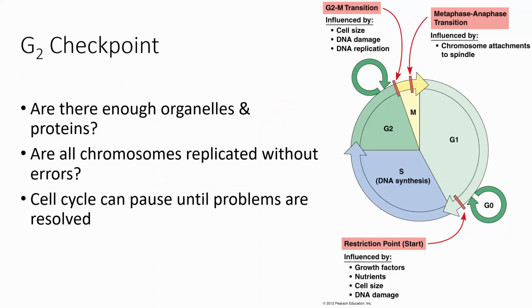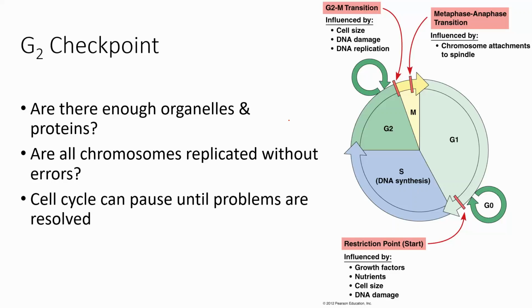The G2 checkpoint is basically, should we enter mitosis? So at that point, the cell's going to check, are there sufficient organelles? Do we have enough of all the proteins we need in the cytoplasm to separate into two cells? Have we replicated all of our chromosomes correctly? And if not, then the cell will pause at this point in the cell cycle and attempt to fix the problems.